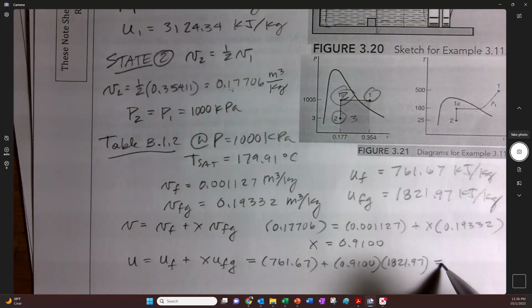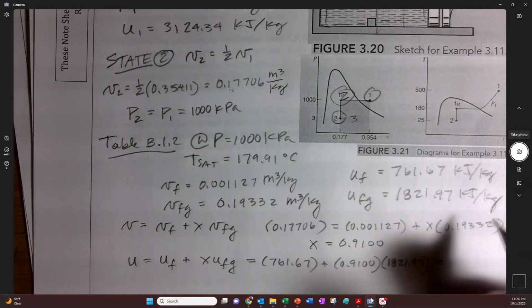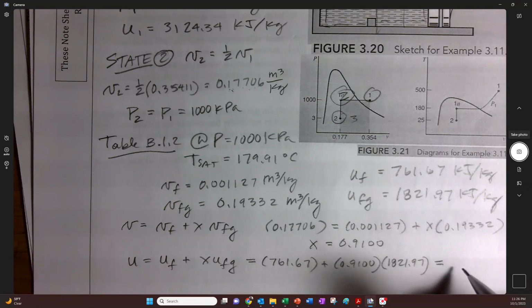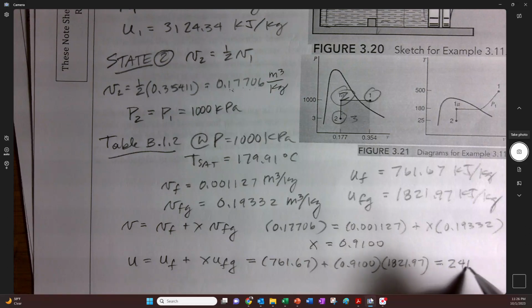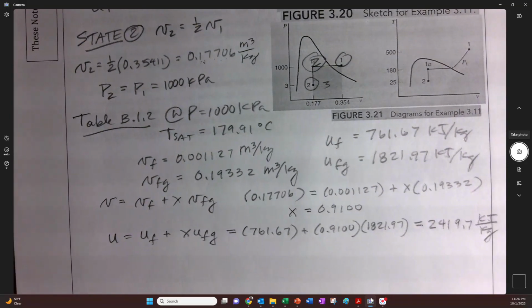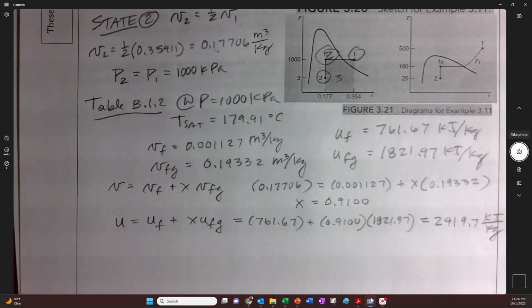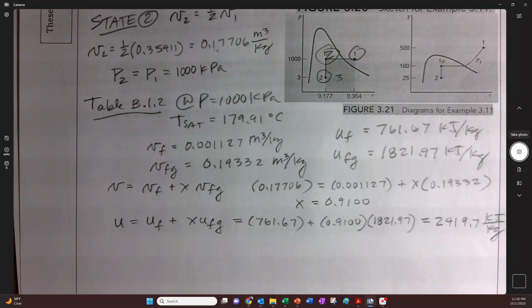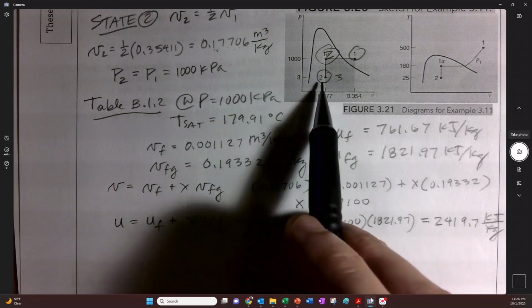And that gives 2419.7 kilojoules per kilogram. I'm not 100% sure I needed that, to tell you the truth. Maybe. Anyway, for the next part of it, we need to go down to state 2.